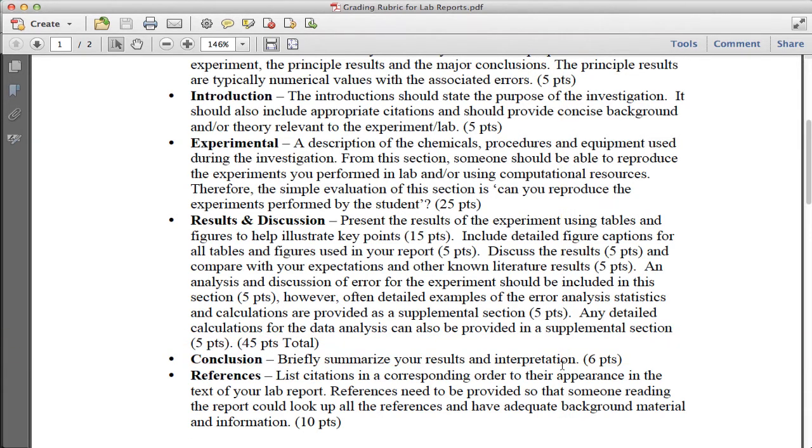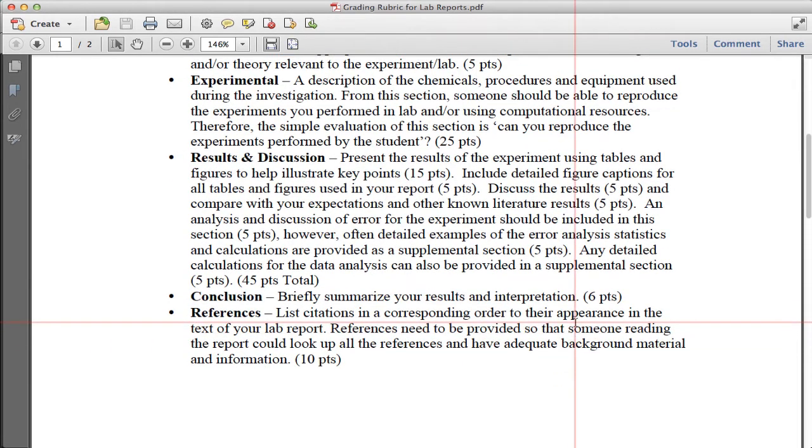The conclusion should almost restate some of what's in your abstract, as well as give the results, the interpretation, and the comparison to literature values, etc., that you might have had in your discussion. And then of course you should have lots of references, both scientific journal articles, books, handouts, web material, etc., that you used to really get a grasp of this material.